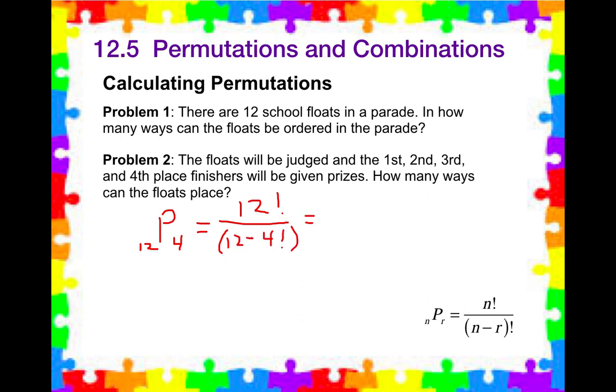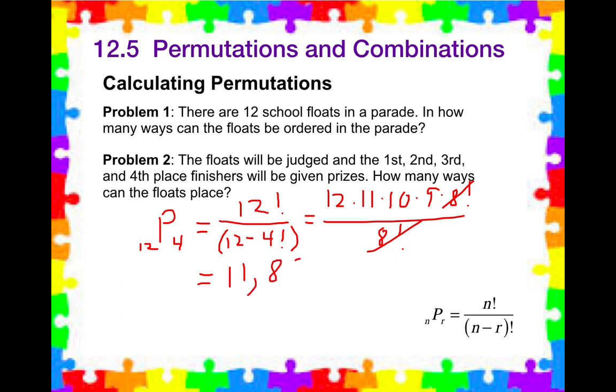And that's the same thing as saying 12 times 11 times 10 times 9 times 8 factorial, all over 8 factorial. So they cancel out. And this turns out to be a little smaller number, still a large number, 11,880 different ways that they can place first through fourth.